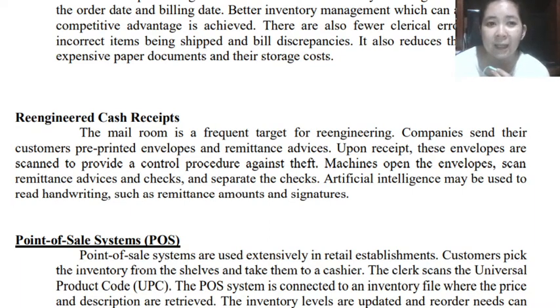So companies send their customers printed envelopes and remittance advice. Upon receipt, these envelopes are scanned to provide control procedure against theft, and the machines will open the envelope, scan the remittance advice and check, and will separate them. So artificial intelligence may be used to read handwriting such as remittance and amounts and signatures.